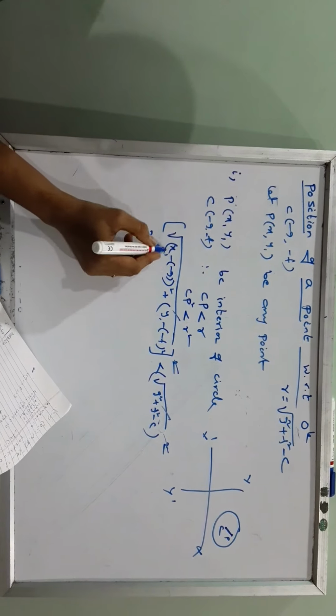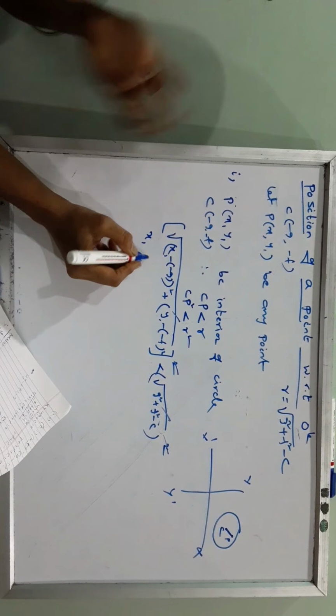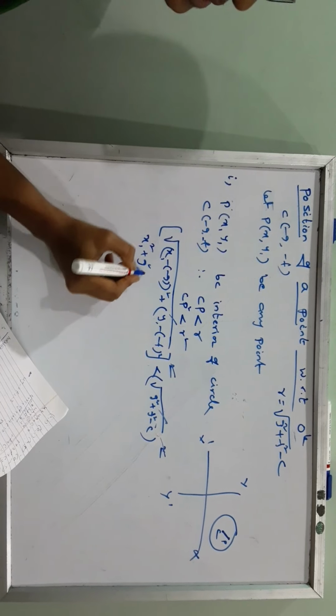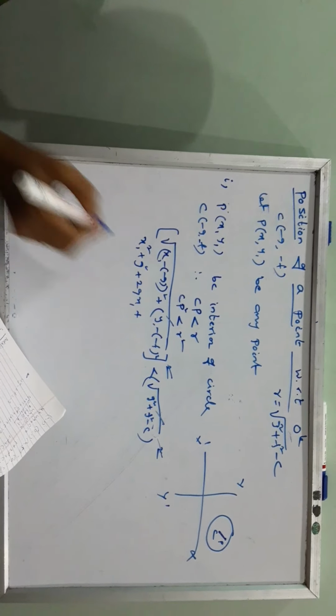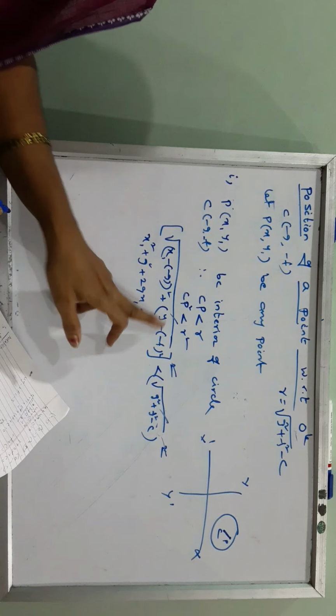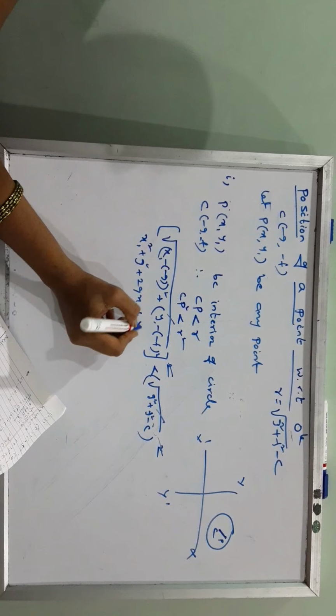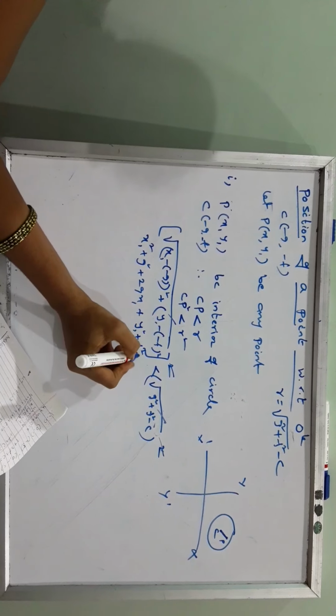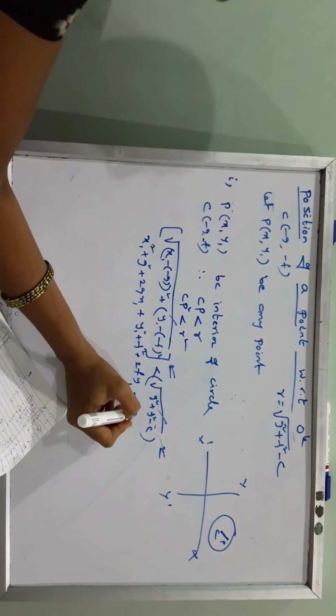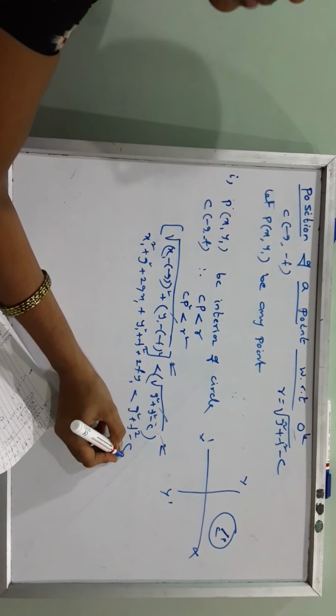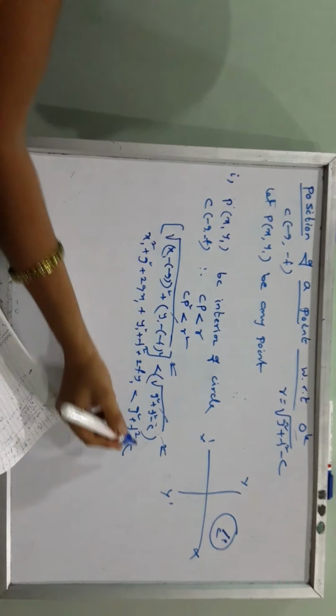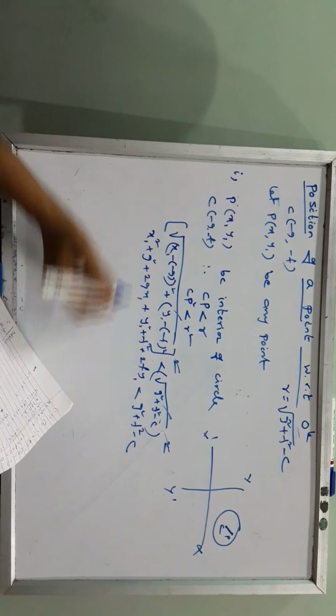Now x1 plus g whole square, expanding this, is x1 square plus g square plus 2gx1, plus y1 plus f whole square, again expanding, is y1 square plus f square plus 2fy1, is less than g square plus f square minus c. Here g square will get cancelled, f square cancels.